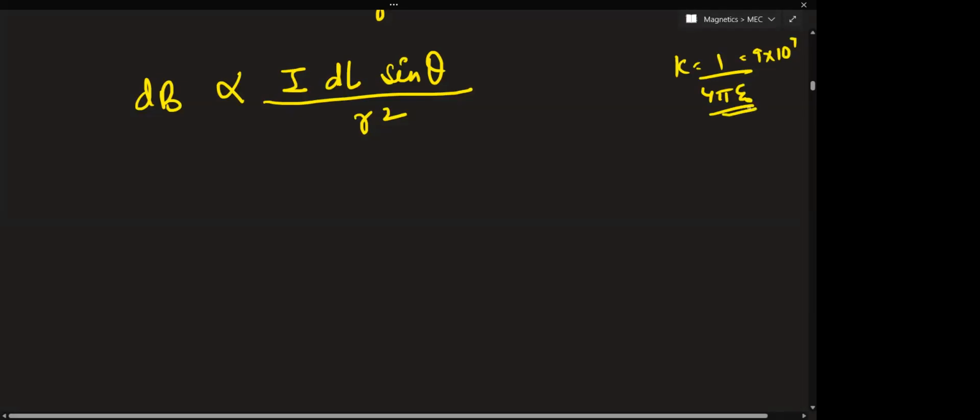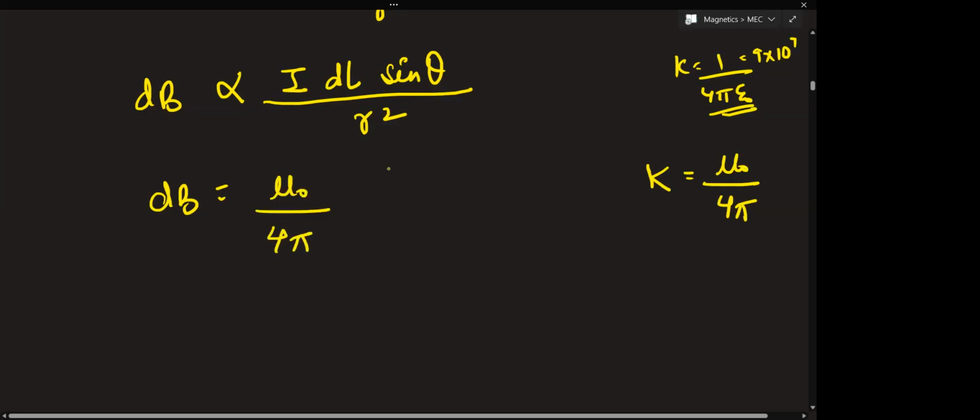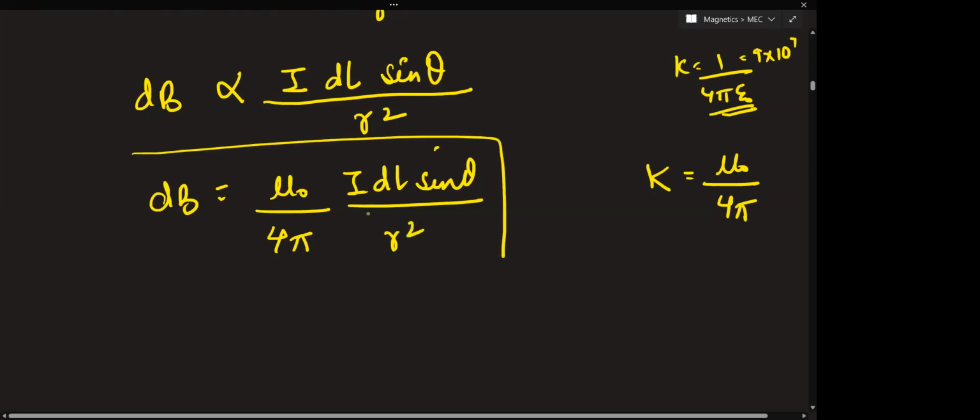In magnetics, you also have a constant, and instead of 1 by 4 pi epsilon naught, it is mu naught divided by 4 pi. Then the rest of the terms: I dL sine theta divided by r square. This is Biot-Savart's law.